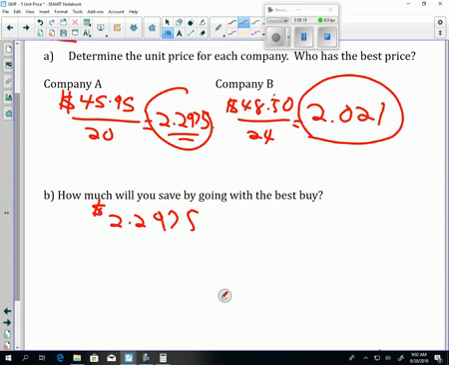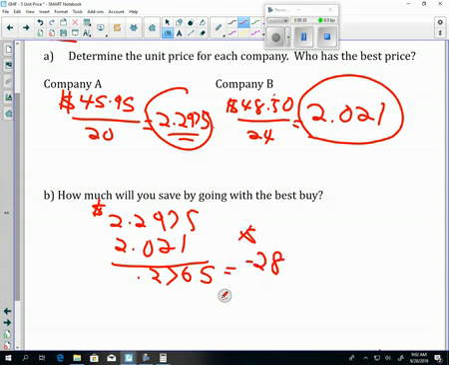This one here, we'd have to pay 2.021, so it'd be a difference of 0.2765. We round that off. The difference is 28 cents for every unit, for every seedling. So you'd be saving 28 cents by buying it from Company B. Company B is cheaper.